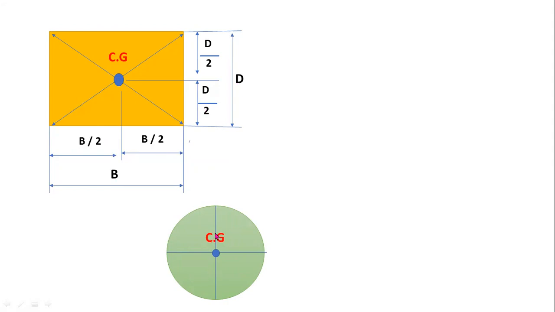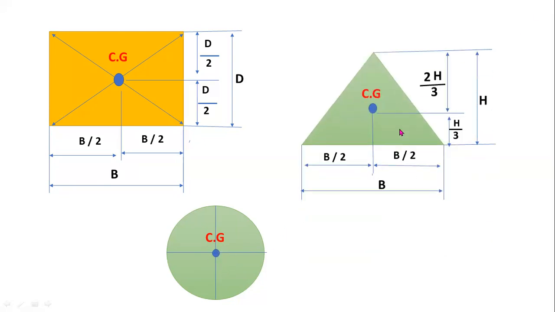Now this is an example for a circular lamina. The center of gravity or centroid of a circular lamina is at its center. The center of gravity of a triangle lies at the point where the three medians of the triangle meet.